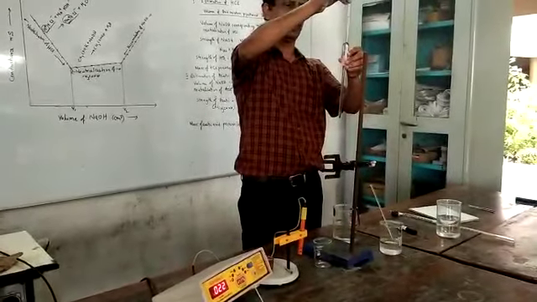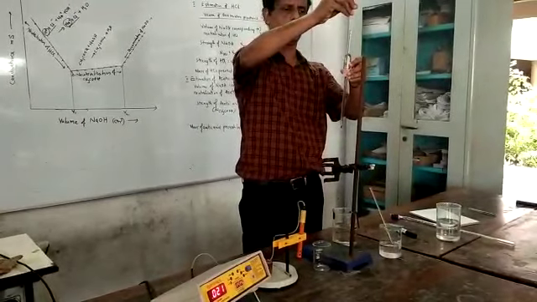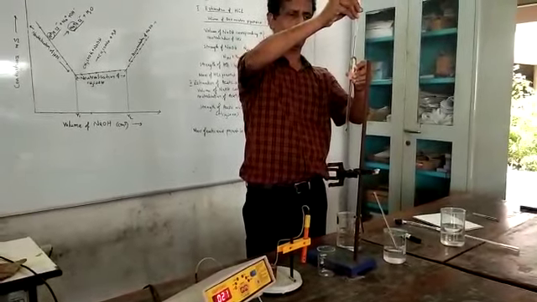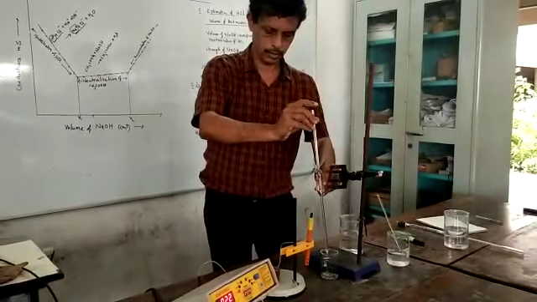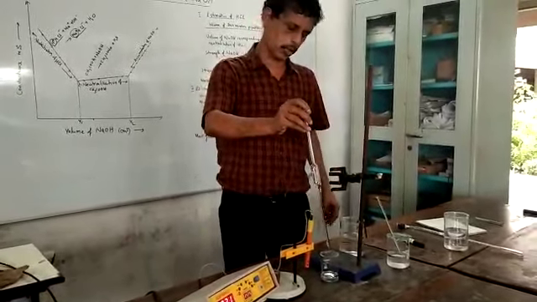Set the lower meniscus to the 25 ml mark and add it to the beaker. This is a 25 ml pipette, so you have to take it 2 times.